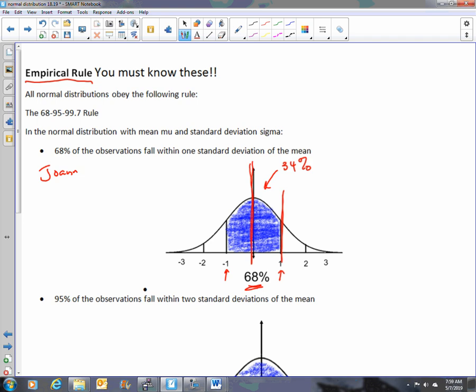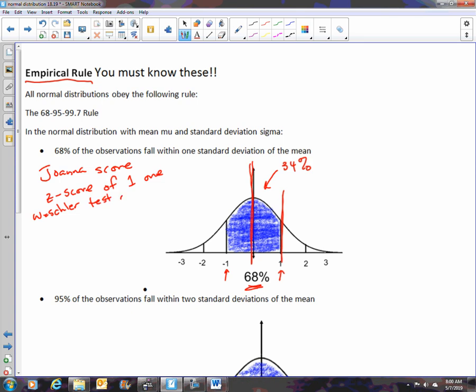Joanna scored a z-score of 1 on the Weschler, W-E-S-C-H-L-E-R, test of mathematical appreciation. That's a standard test that measures how much you appreciate mathematics.